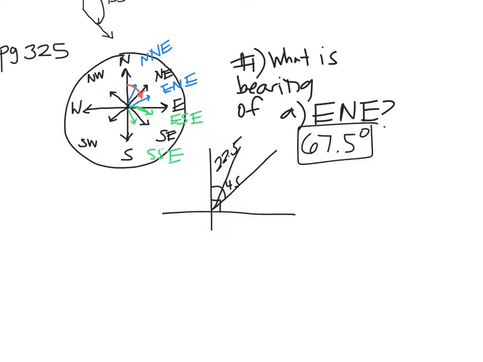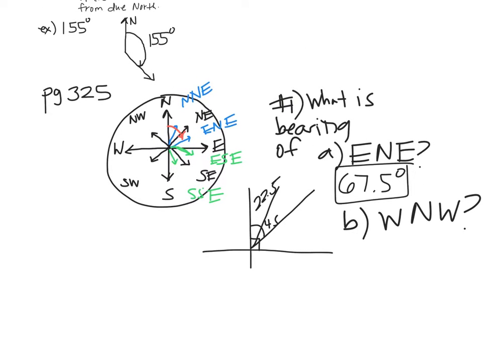So let's do another one. Let's do, what's the bearing for west of northwest? West of northwest. Well, let's find out where west of northwest is. So here's northwest right here, and west of that would be towards the west.